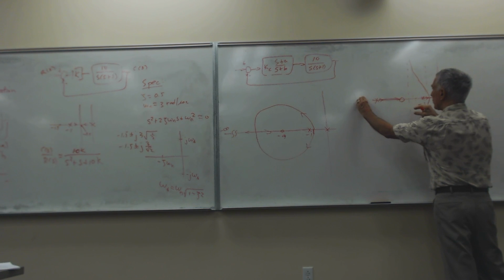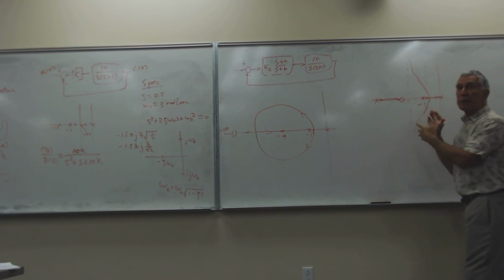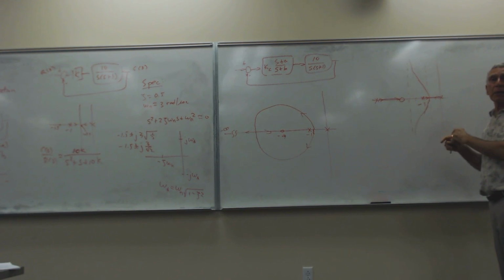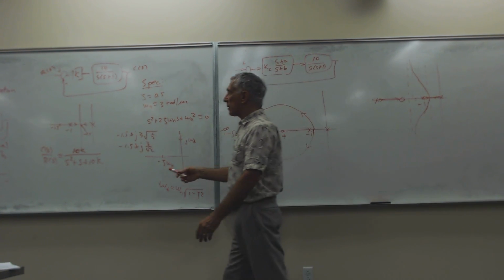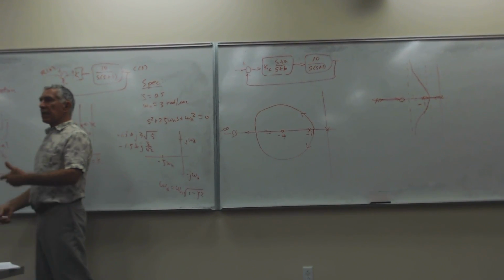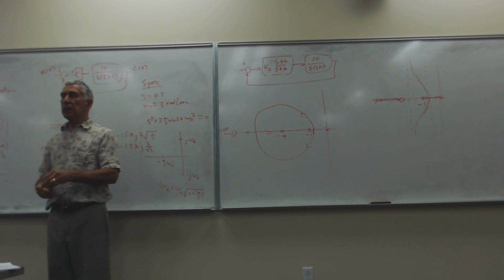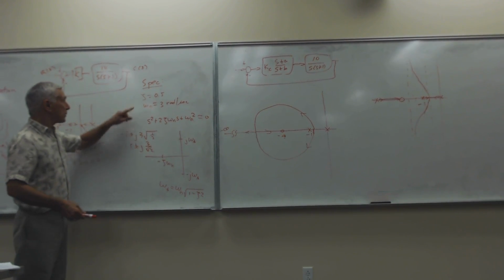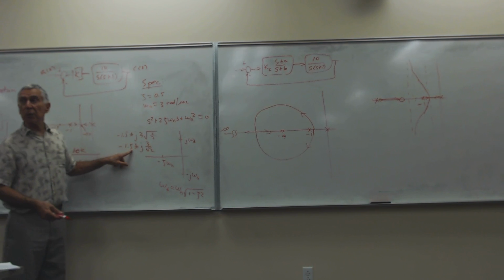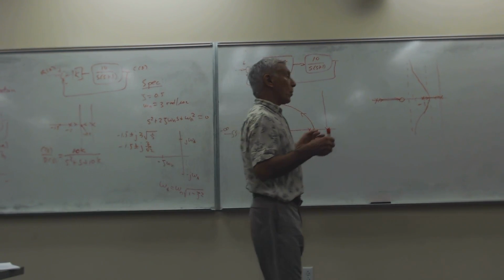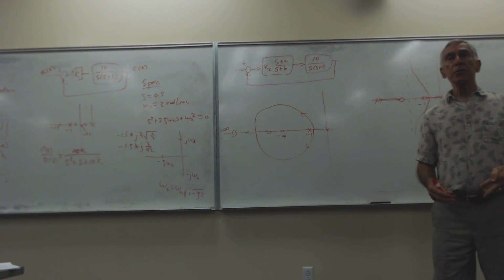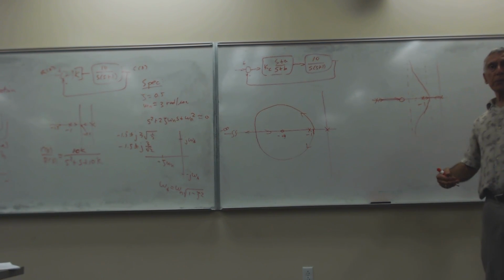Maybe if we move this one over there and move this one this way a little bit, you would still be able to satisfy the specifications for a certain value of the gain k sub c. Basically, the specifications result in these closed loop transfer function poles. So there are an infinite number of solutions to this problem.